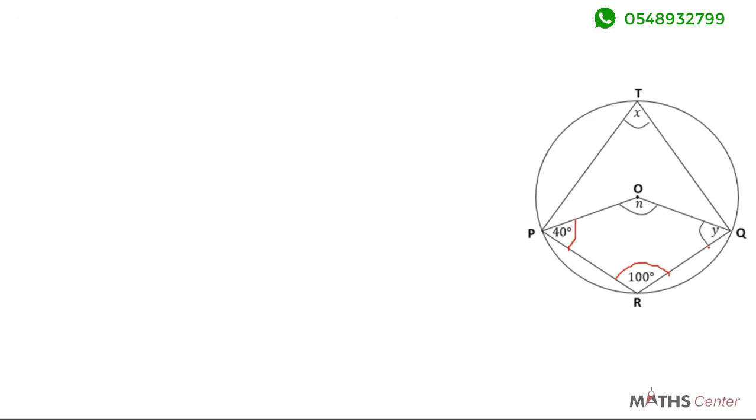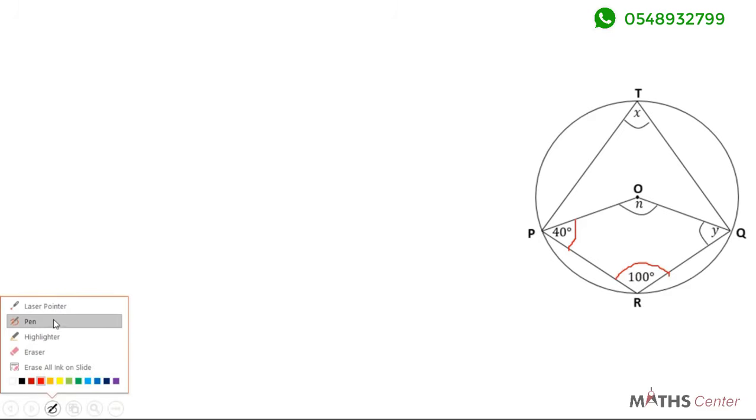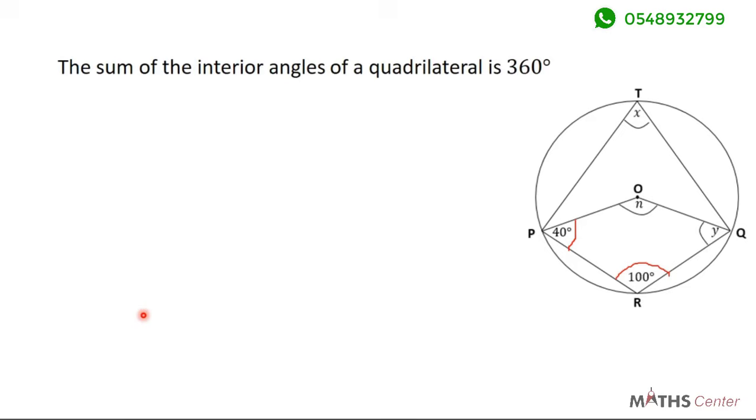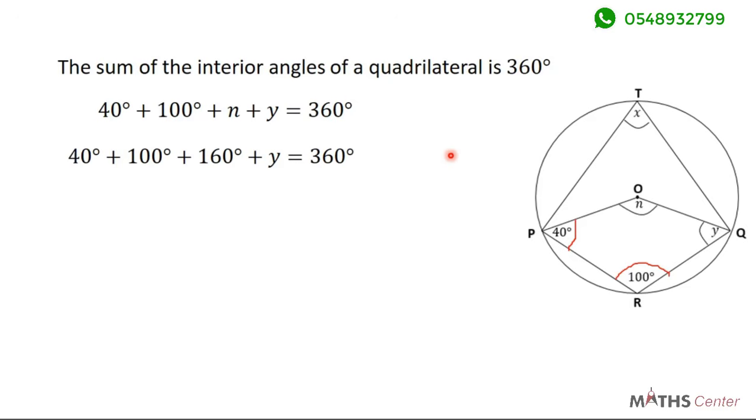What we don't know is Y. But we know that if you add the interior angles of a quadrilateral, you are going to get 360 degrees, right? So the sum of the interior angles of a quadrilateral is 360 degrees. So we can say that 40 degrees plus 100 degrees plus N plus Y will give us 360 degrees. We know the value of N, so we are going to have 40 degrees plus 100 degrees plus 160 degrees plus Y will give us 360 degrees.